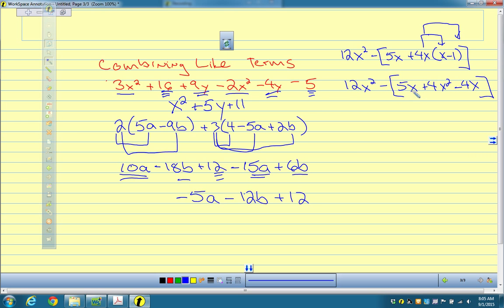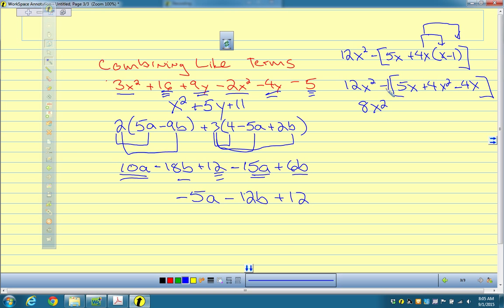Okay? Now you got to remember this minus sign out here, right? This minus sign, because 12x squared minus 4x squared is how many x squared? What's 12 minus 4? 8x squared, right? Because this is like a negative 1 out here that you have to distribute, or you can just make it opposite, right? So 12x minus 4x squared makes 8x squared.